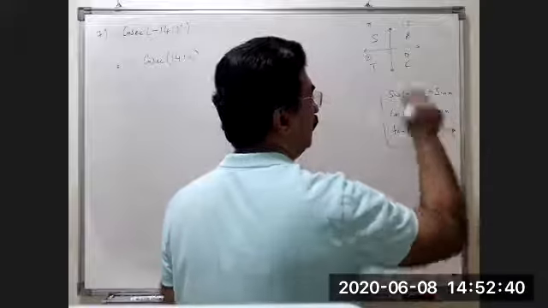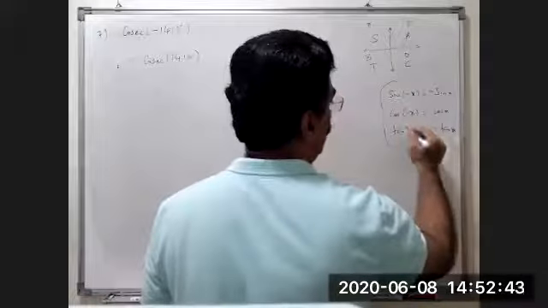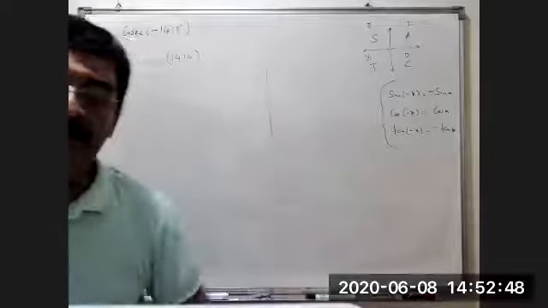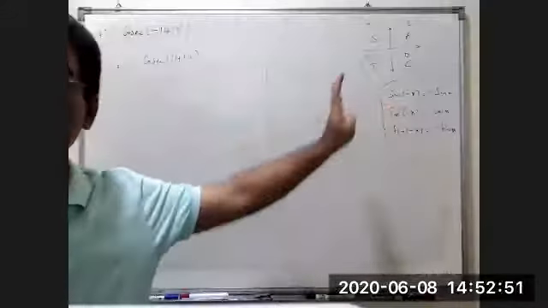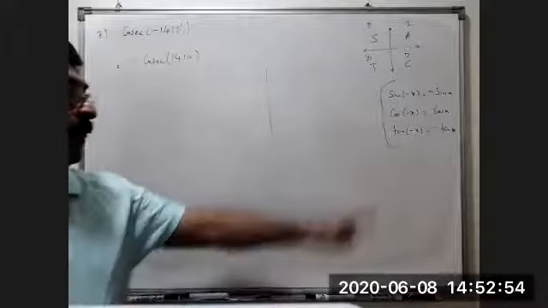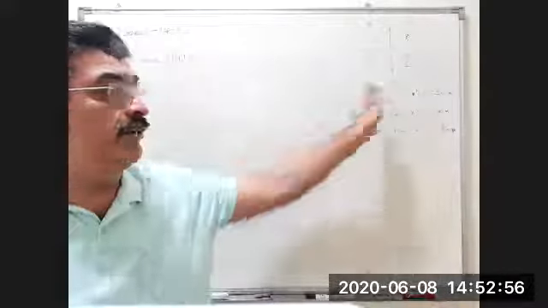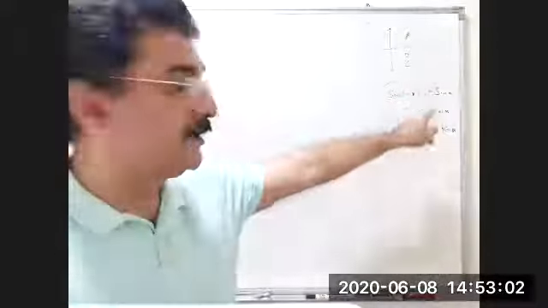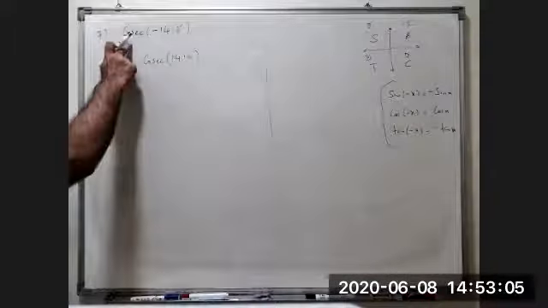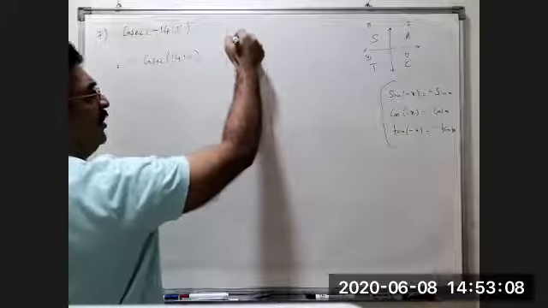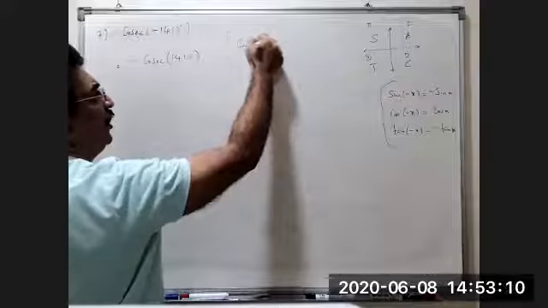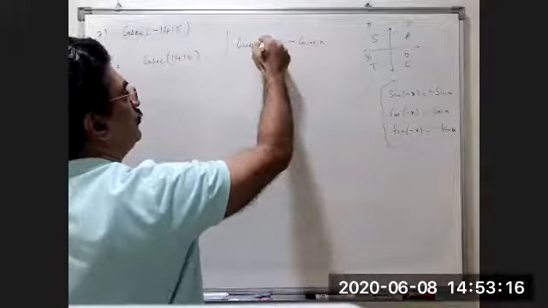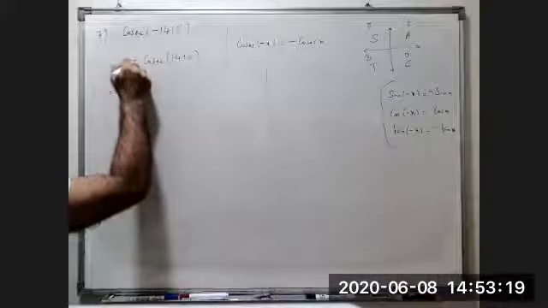Remember the 3 things? So we can use it here. Always take the first 3. If you take the first 3, the remaining 3 you can work out. Sine, cosine, and tan. Then cosecant minus x is minus cosecant, sec minus x is sec itself, cot minus x is minus cot. That is why cosine minus theta is cosine theta. Inside we can write the reason. Cosine minus x is cosine x, we use this.